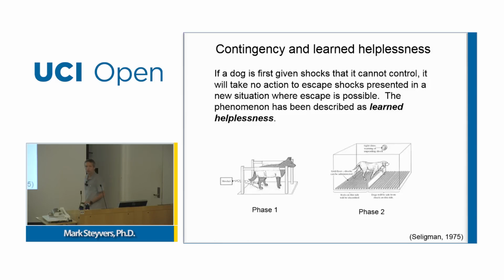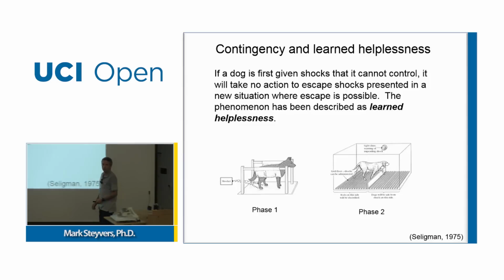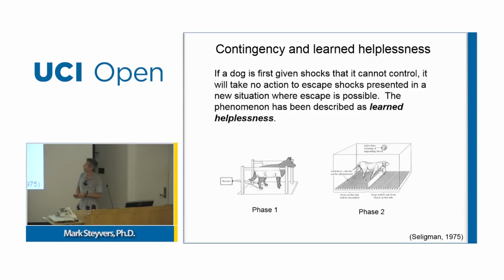Now, the important result was that the dogs that had control in the first phase of the experiment escaped the electric shock in the second phase just by jumping. The dogs that had no control but still received the same number of shocks learned a sort of form of learned helplessness. They refused to jump to the other side because they believed they had no control anymore. They had no control in the first phase, and therefore, in their minds, they had no control over the second phase.